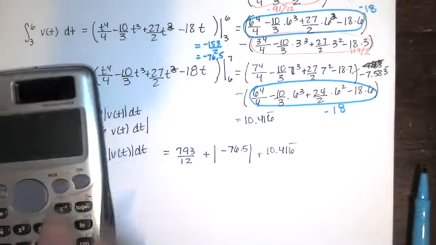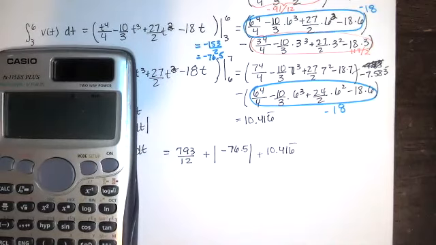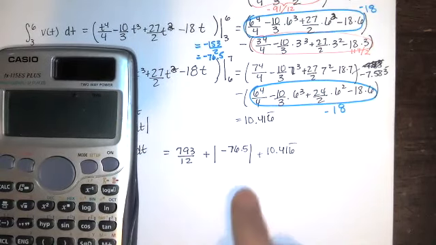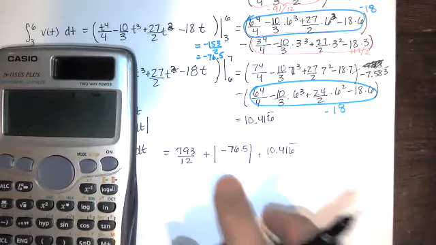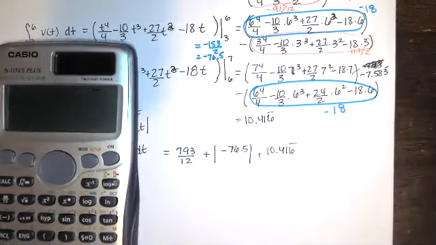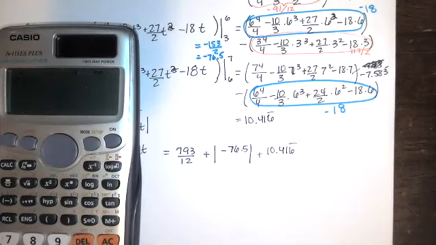And so let's see if we get the same answer as we got before. Or actually, let's not take the absolute value yet. We have 793 over 12, that's in the forward direction, minus 76.5, that's how we went backwards, plus that 10.416.